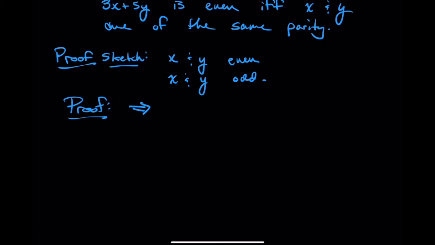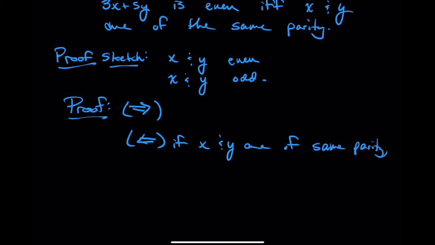In fact, that looks a little bit harder, doesn't it? Why don't we do the backward direction first, which says if x and y are of the same parity, then 3x plus 5y is even.